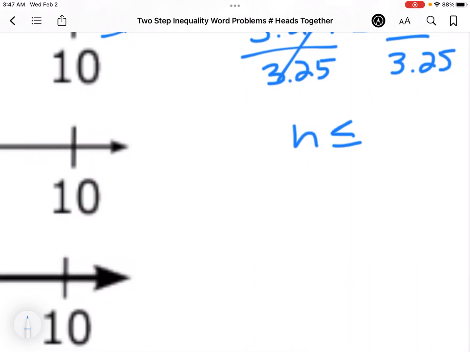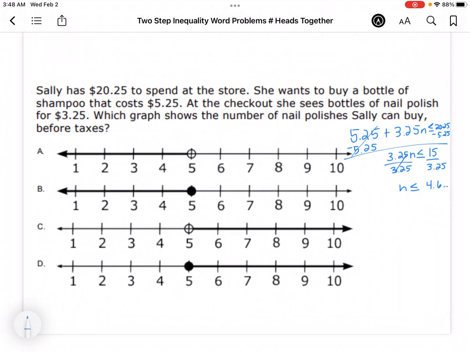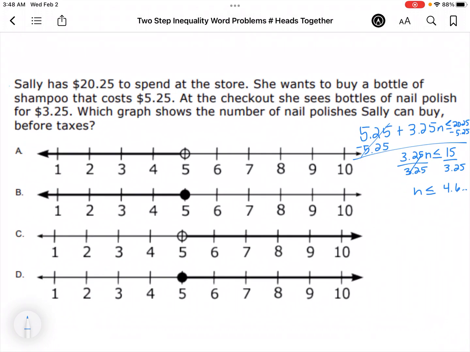So 15 divided by 3.25, and I get 4.6. Maybe I did something wrong. $15. Does it make sense?